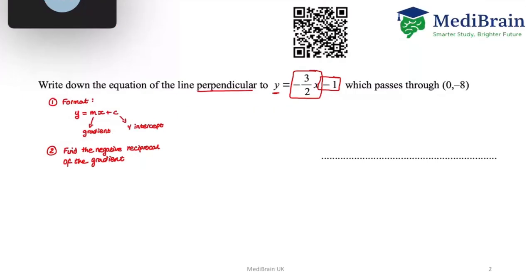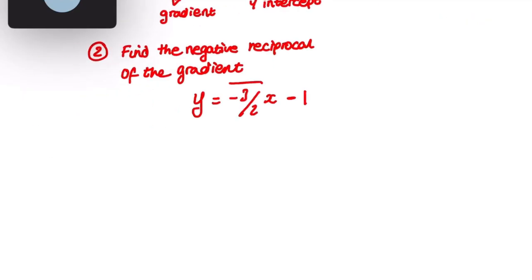As you can see in our example, we have y equals minus 3 over 2x minus 1. Now the original gradient, the m, is minus 3 over 2. So we're going to find the negative reciprocal of this gradient. If it's a negative, we turn it into a positive. If it's a positive, we turn it into a negative.